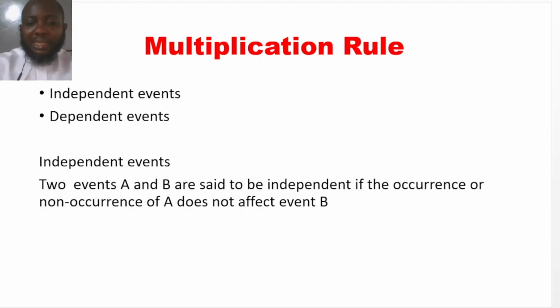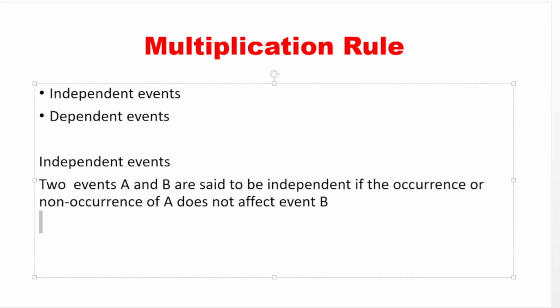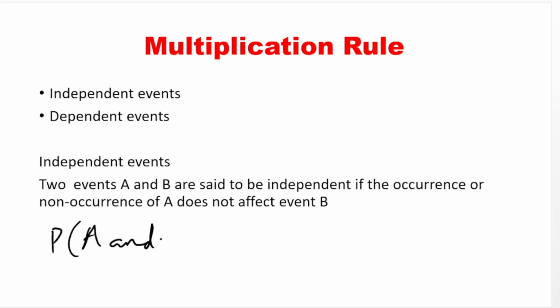So mathematically, it means that the probability of A and B, this is where the rule comes in, and means multiplication.